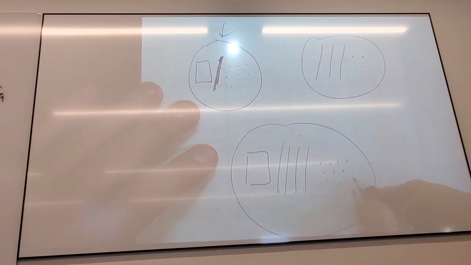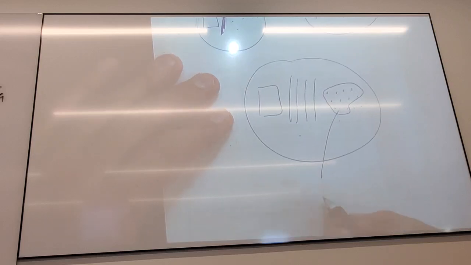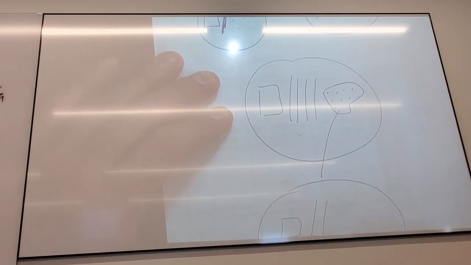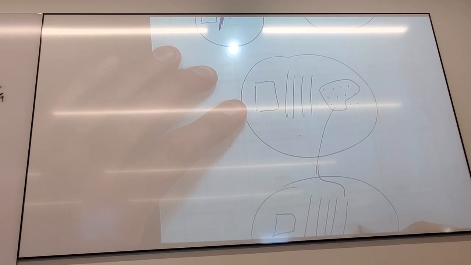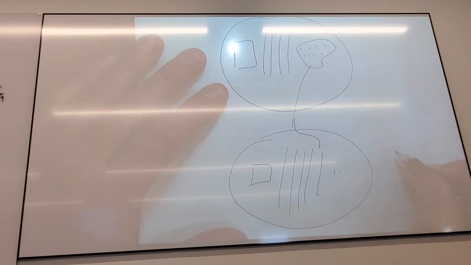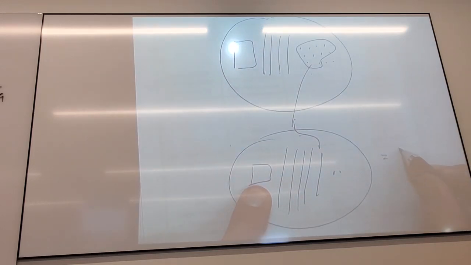Good. So I can take 10 of these bad boys and make what out of them? A long. I like it. So I have 1, 2, 3, 4, and then this will make 5. And then I'll have how many? 2. So then what number is this? 152. Cool. Which is what 117 plus 35 is. Thank the gods.